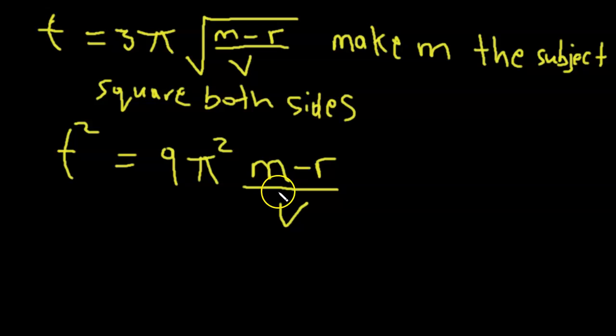Now we are asked to make m the subject. But before we can do that, we need to get rid of the denominator. And we can times both sides by v.